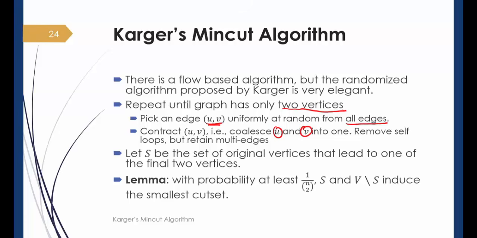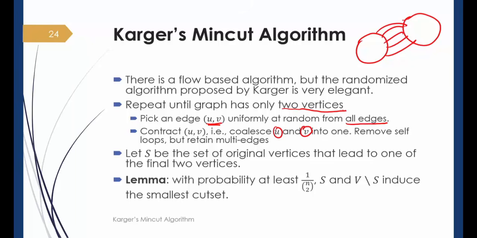So, we keep track of all of that, and finally, we will be left with two vertices after n minus 2 contractions. And so, we will be left with two super nodes, if you will, with possibly several multi edges going across them.